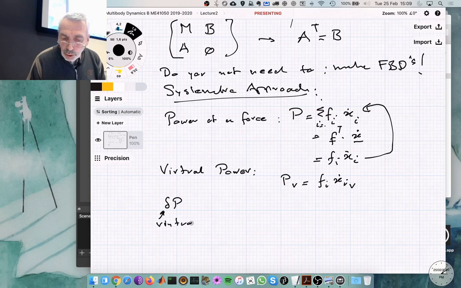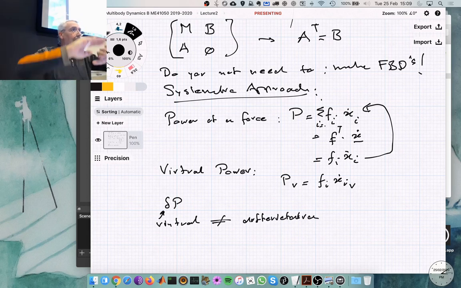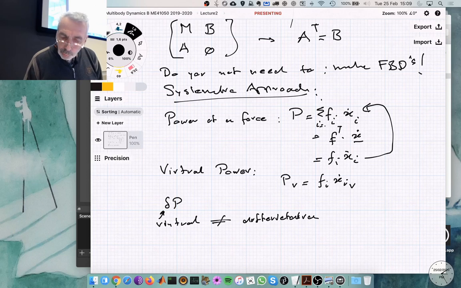But virtual has nothing to do with differentiation. Nothing. They are dissected, male, female, totally different. Nothing to do with each other. Okay. So that is virtual power, and then we say the real forces times virtual velocities.